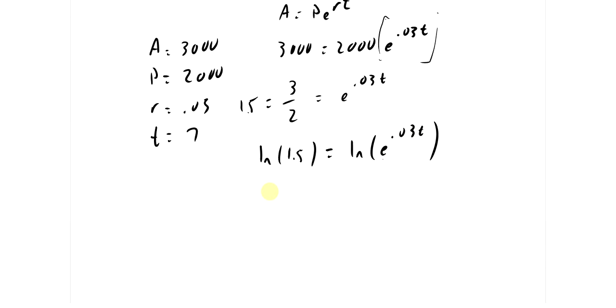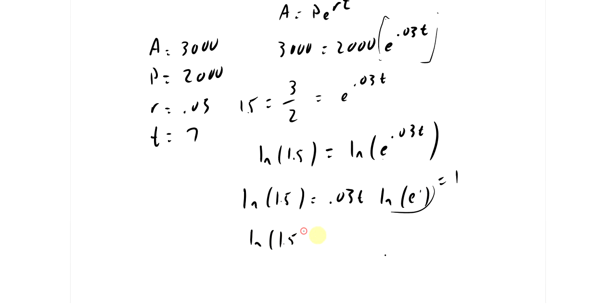So technically, log of 1.5 equals 0.03t times log of e. The exponent comes out, the power comes out as a coefficient. Log of e, though, just equals 1 because it's e to the 1. So log of 1.5 equals 0.03t.